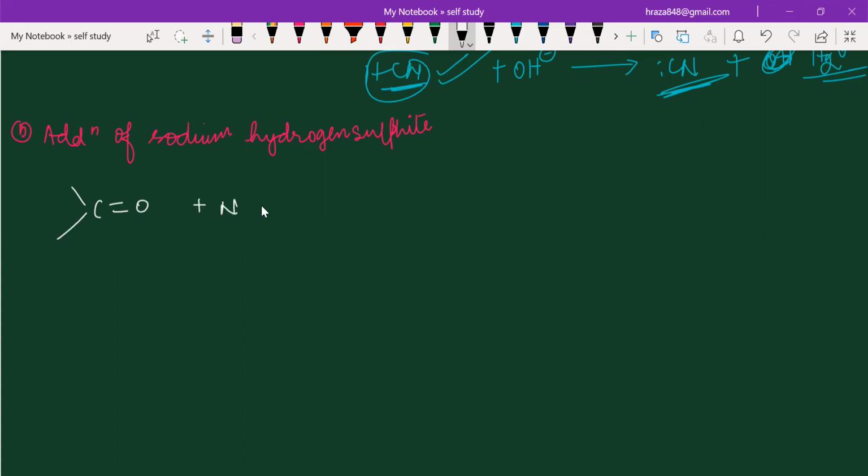So this is your sodium hydrogen sulfite, and it is very easy to understand what will happen here. This will come here, there will be a negative charge and a positive charge, and you know that there will be a positive charge and a negative charge.